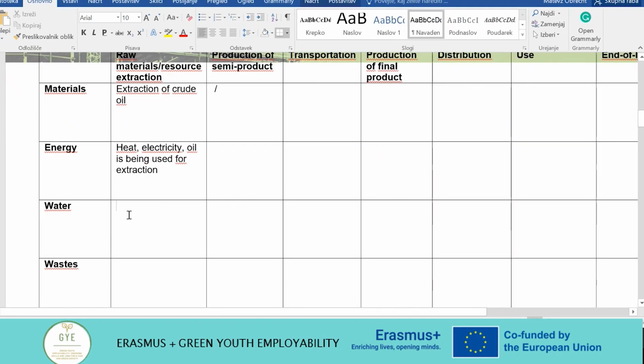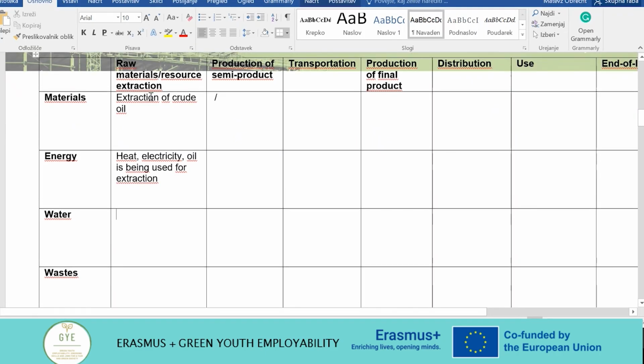Is there maybe some water pollution in the extraction phase? Maybe there is, maybe there is not. Are there some waste that are being produced in the extraction phase? You have quite a lot of them, so I think you have some kind of waste in the phase of the raw material extraction.